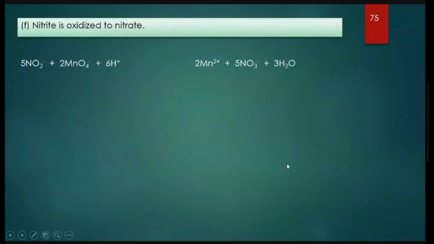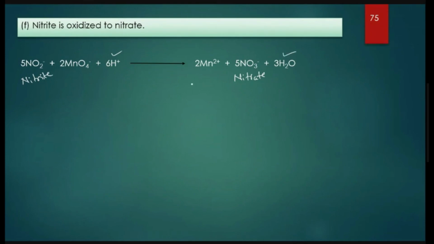The last reaction is nitrite oxidized to nitrate. Here NO2-, it is the nitrite ion, not nitrate, this is the nitrite ion. It will get converted into nitrate ion. Here 6 hydrogen ions are there, again 8 oxygen atoms are available. This leads to the formation of 3H2O.